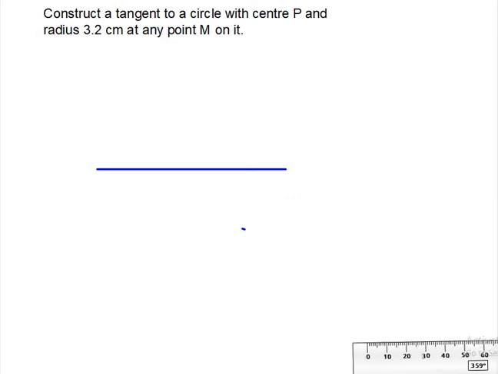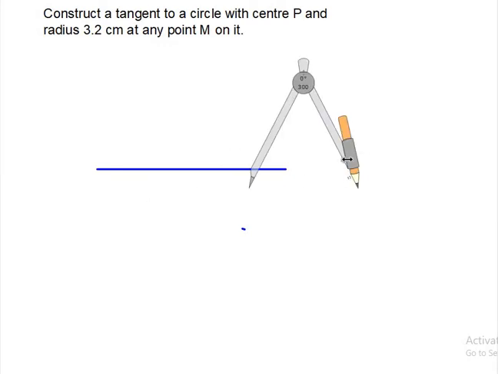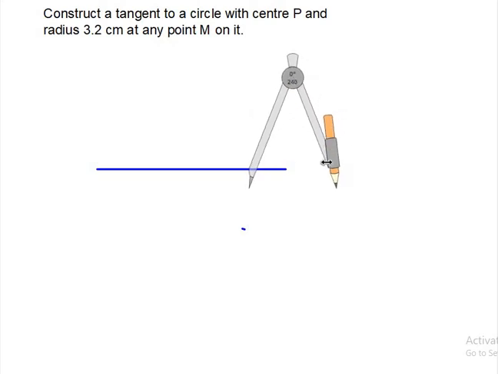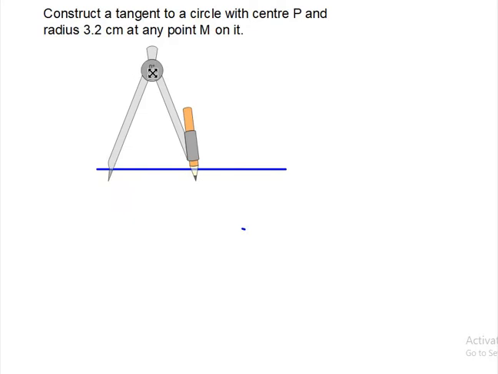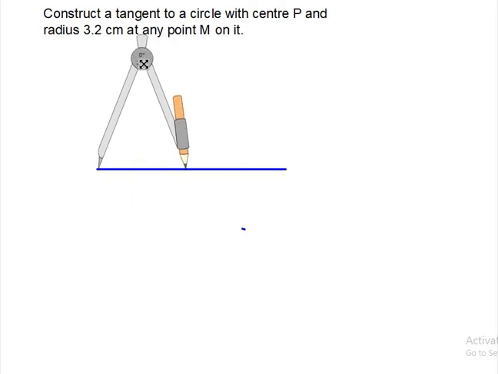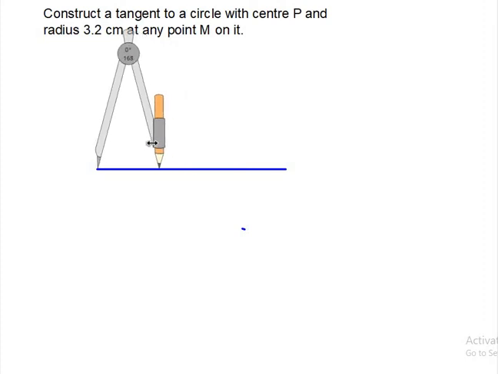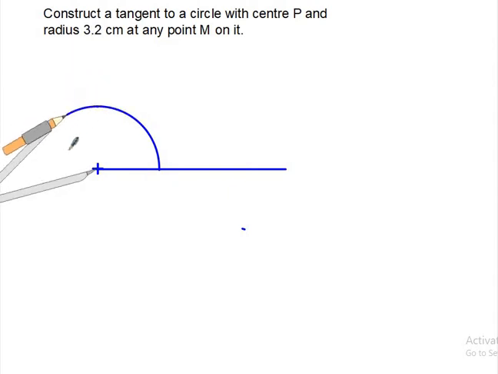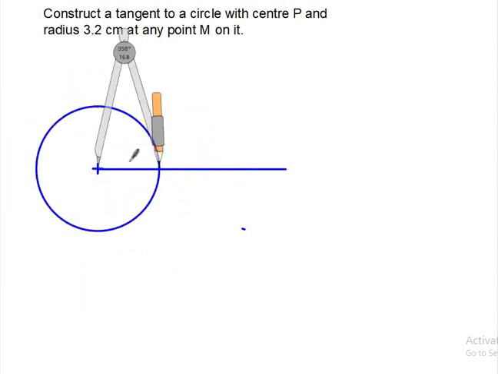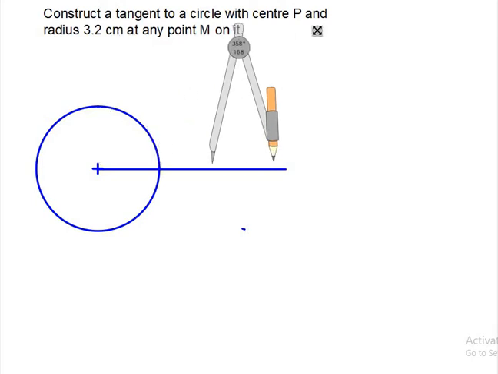Now after this, take a compass, take 3.2 measure in this. I will take a tentative measure, but you can take exact measure of 3.2 centimeters. Suppose I assume that this is 3.2 centimeters here, and then draw a circle of radius 3.2 centimeters.